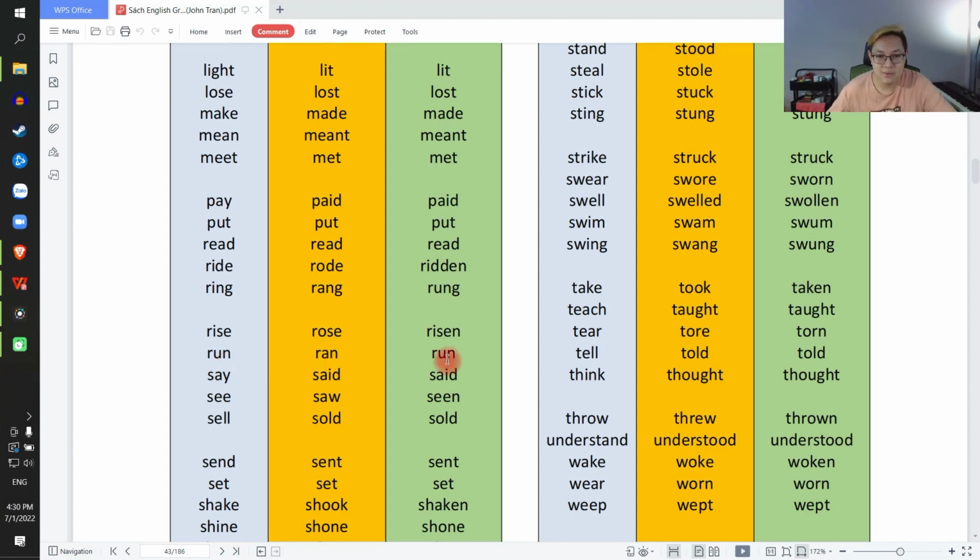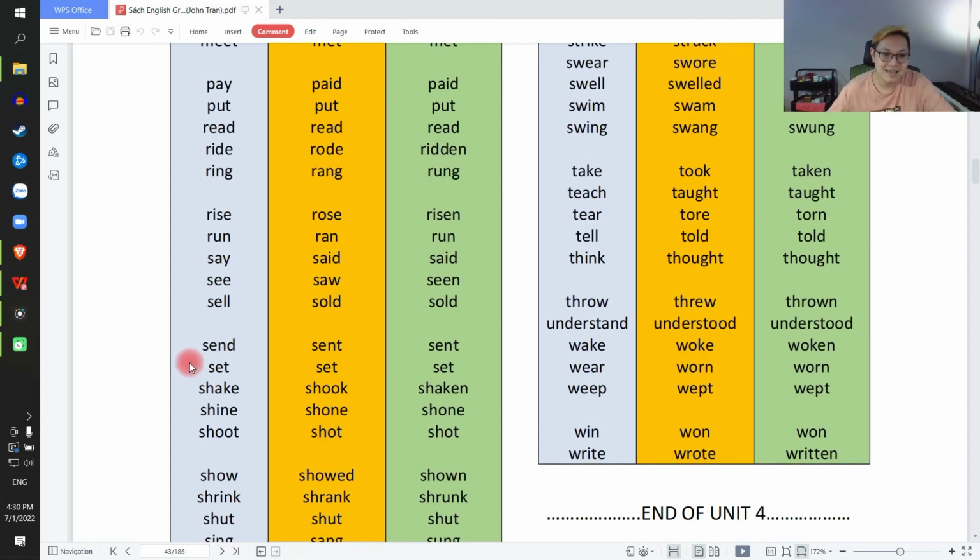Run, ran, run. Say, said, said. See, saw, seen. Sell, sold, sold. Send, sent, sent. Set, set, set.